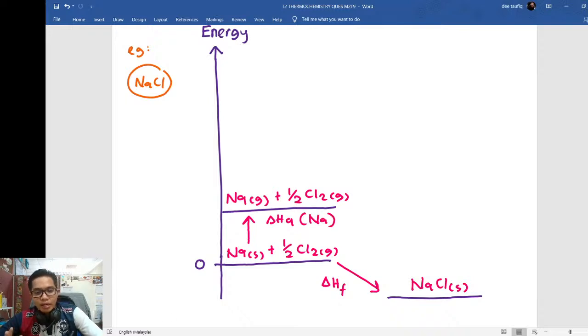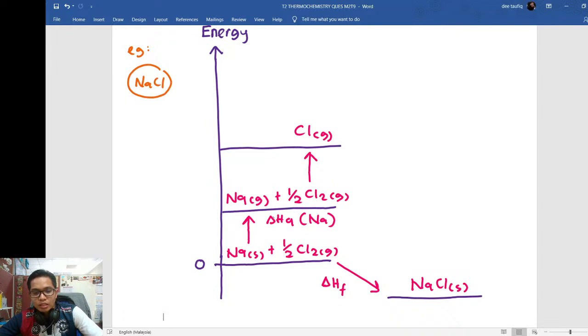Okay. And then we change for chlorine. So saya buat atas sikit ni. Ini untuk chlorine. So what we change is from half Cl2, it will become chlorine gas.